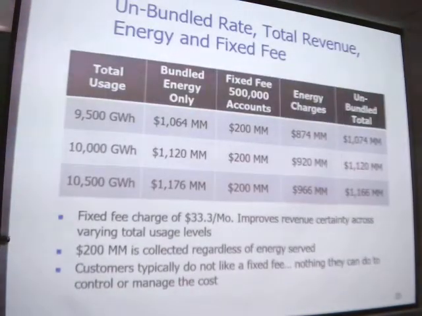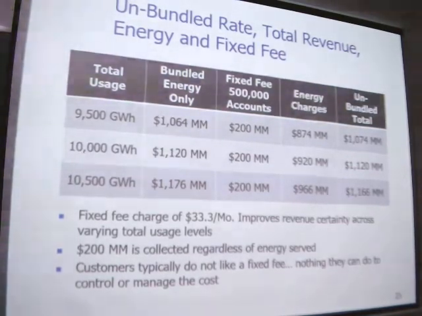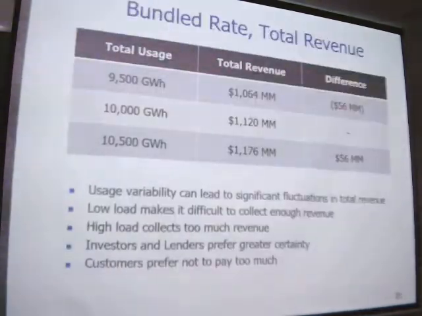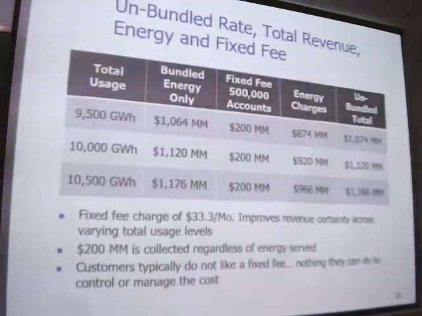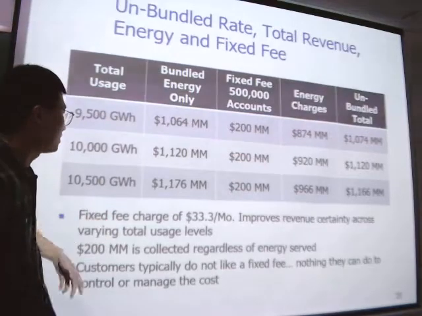So here is the detailed change. The unbounded total and the bounded prices. There are differences because here is the fixed fee charge.